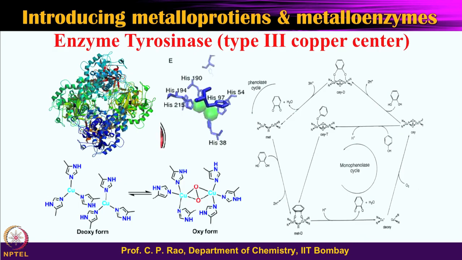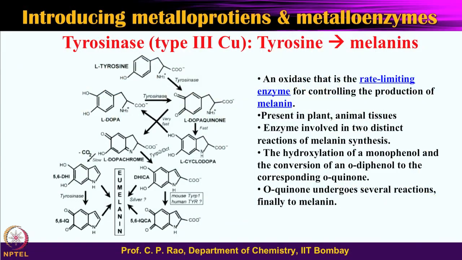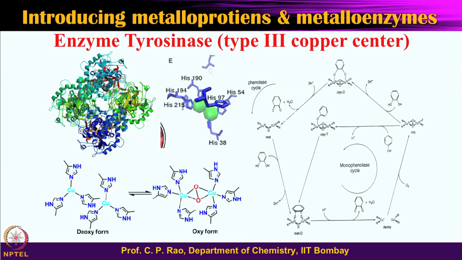As you could see, a type 3 copper reacts, because it has the two coppers. This is also type 3 copper. Tyrosinase is continuously bringing redox process on the tyrosine molecule, and we end up with the melanin that we have looked at. The tyrosinase enzyme has two copper centers, and these can convert biphenolic or catechol-like compounds.